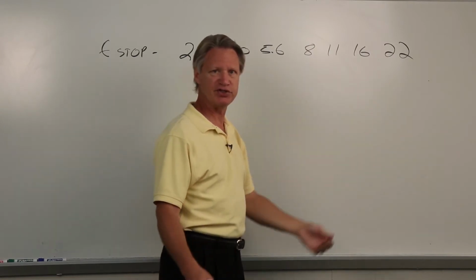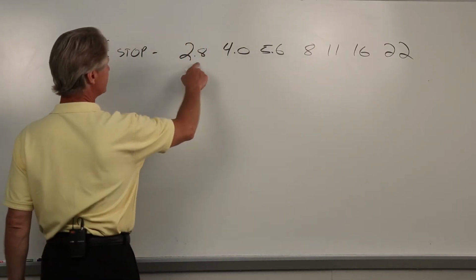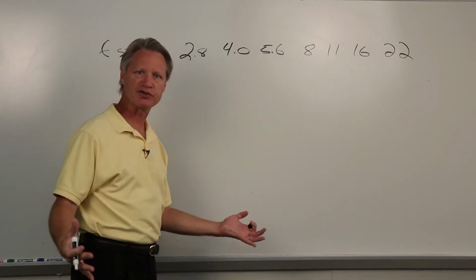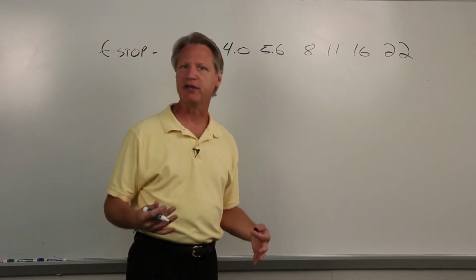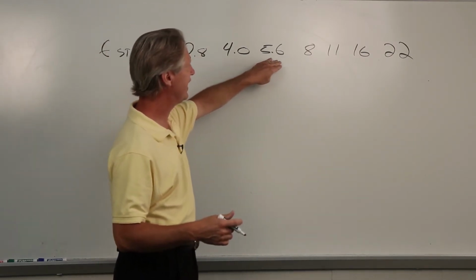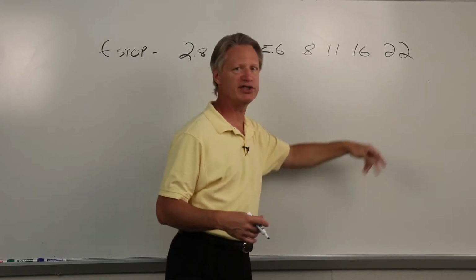And the answer is yes, of course. There are numbers further in this direction, and there are numbers further in that direction. But for now, we're going to limit this string of numbers to simply these ones: 2.8, 4, 5.6, 8, 11, 16, 22.